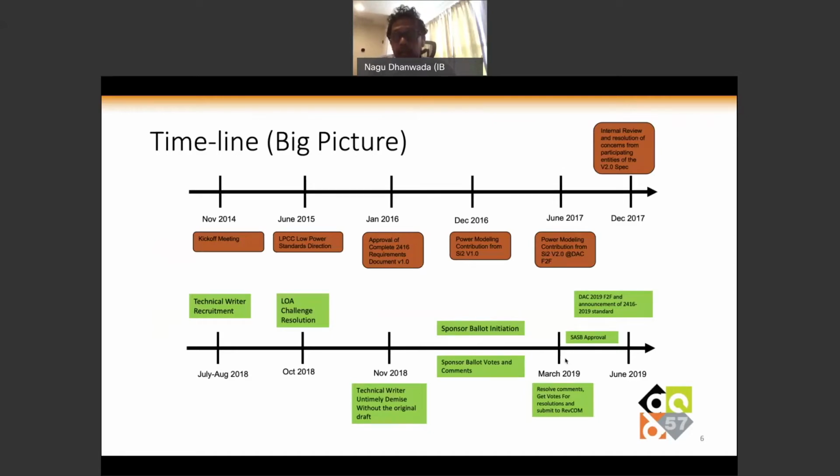The standard was formally released as the IEEE 2416-2019 V1 back in June of 2019. It was announced as a part of DAC last year. So that really took us 4.5 years to get here, but I think significant work went into making this possible.